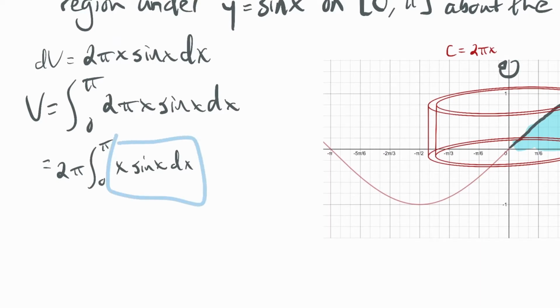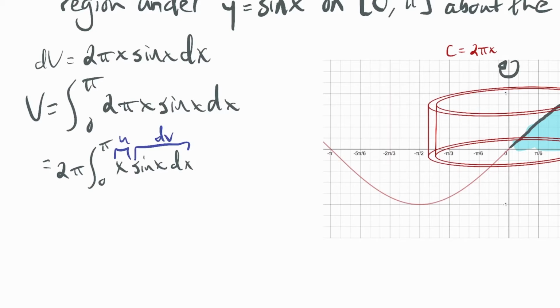I can find the antiderivative and then apply the fundamental theorem to evaluate, or I can use that formula we had earlier for the integral from a to b of u dv. Either one is fine. I'm going to go with using the formula because I think that's the least familiar, and maybe we'll do the other approach as well. So I'm going to say that u equals x and dv equals sine x dx.